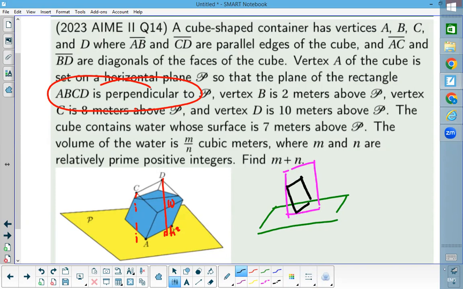So it looks something like this instead. This is what ABCD looks like when we draw this cross section. This is not ABCD; it's actually ABDC.